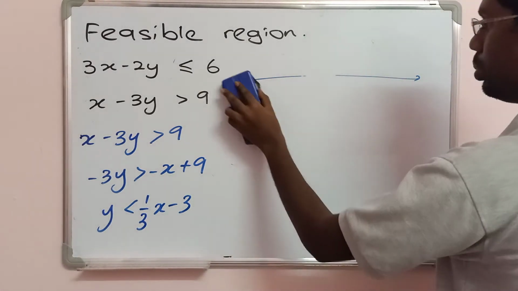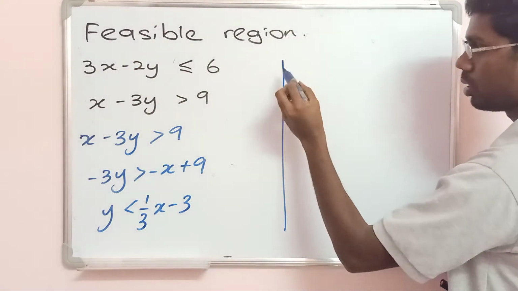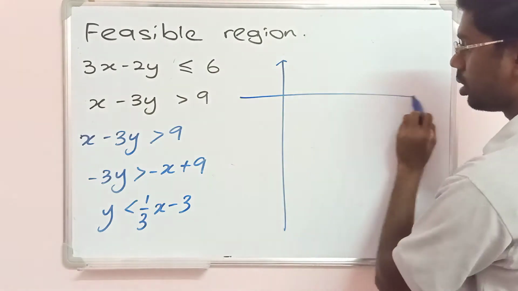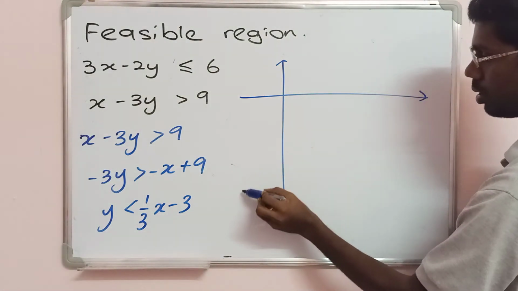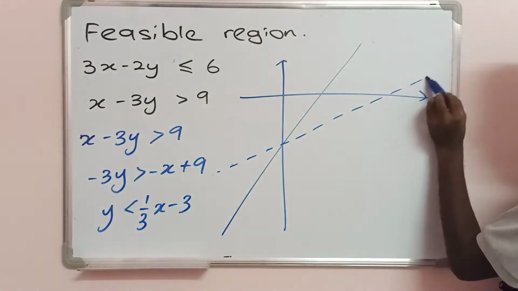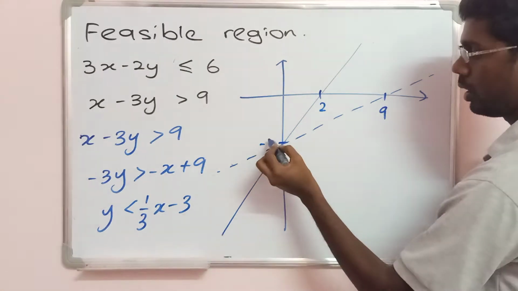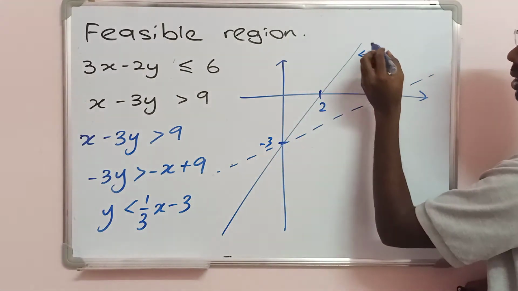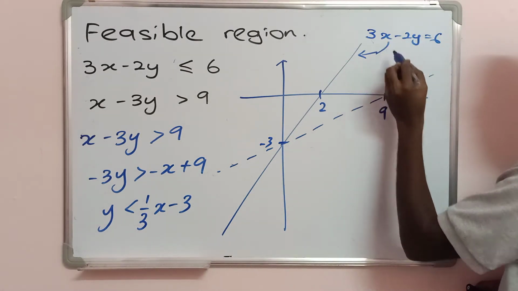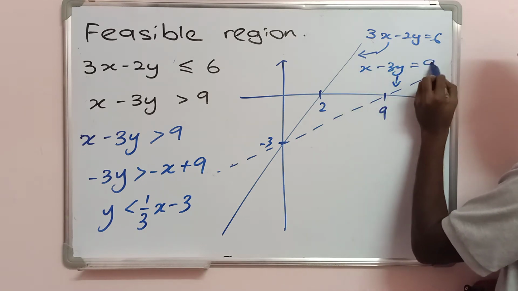So here just now is 9 to negative 3, and this equation is 3x minus 2y equal to 6, and this is x minus 3y equal to 9.